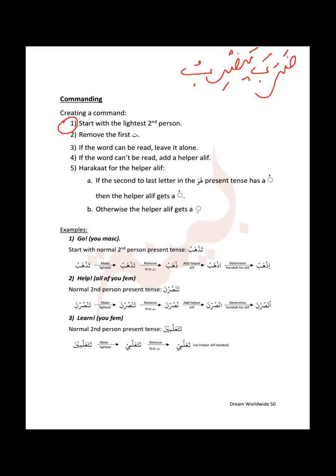So daraba yadribu. Now, what we studied when we were doing forbidding is that forbidding and commanding can only be made from the second person present tense. So the starting point would be tadribu, and we have to make this lightest.